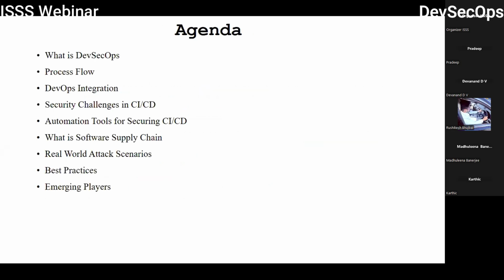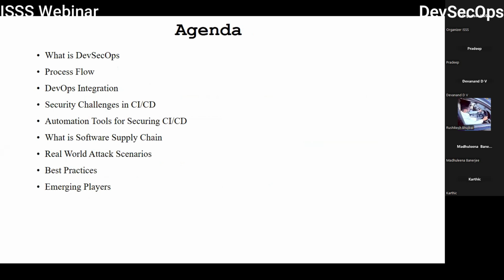So this is going to be our agenda for today. What is DevSecOps? What is the process flow we have, and how are we going to make integration with DevOps? What are the various challenges we have in the CI/CD pipeline, and what are the various automation tools we are going to use for securing our CI/CD pipeline? And we need to know what the software supply chain is.